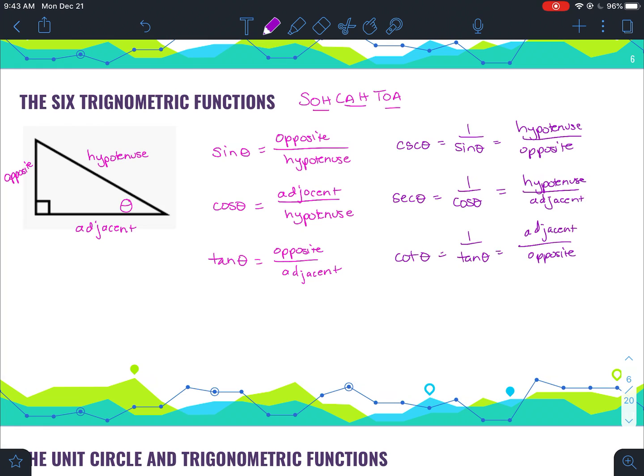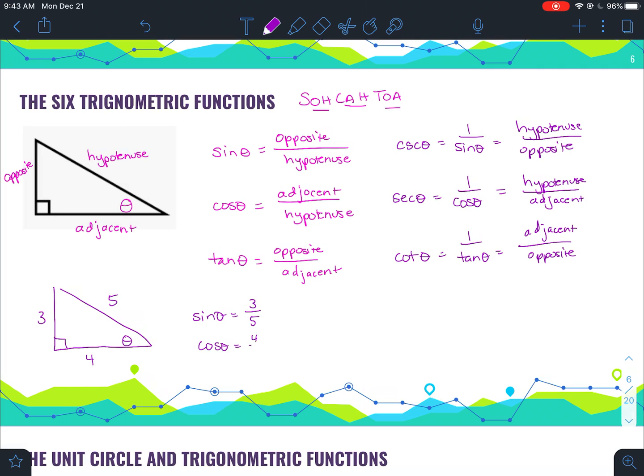So sine is opposite over hypotenuse, cosine is adjacent over hypotenuse, tangent is opposite over adjacent, cosecant is the reciprocal of sine, secant is the reciprocal of cosine, and cotangent is the reciprocal of tangent. So for instance, let's just call this theta, and let's say we have a 3, 4, 5 right triangle.